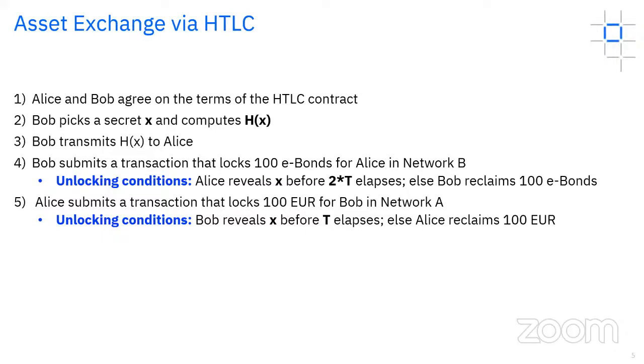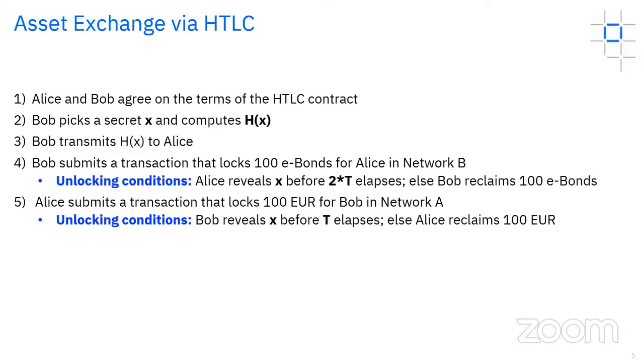Once Alice sees that this transaction was successfully submitted into the securities network, she will go and submit her transaction into the Euros network. Here, the unlocking condition of the transaction that Alice submits is that Bob reveals the secret behind the hash, which is the hash of X, before the timeout elapses.